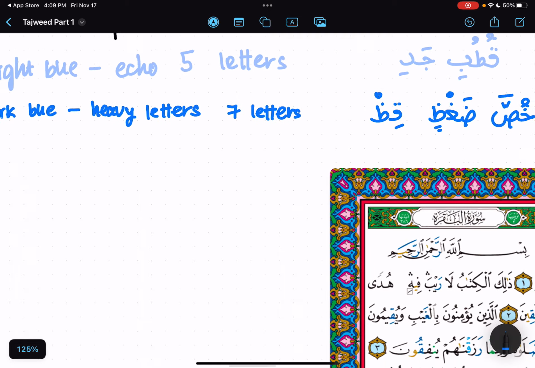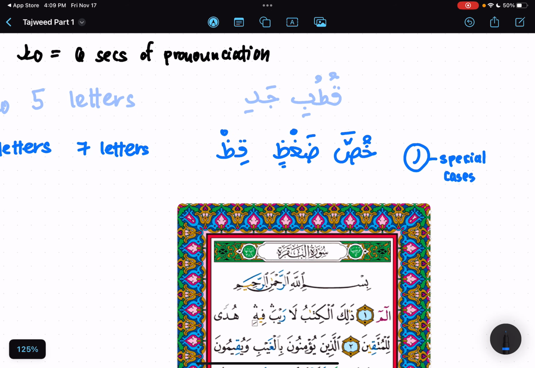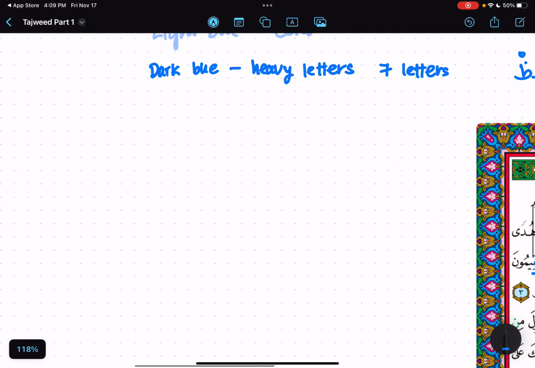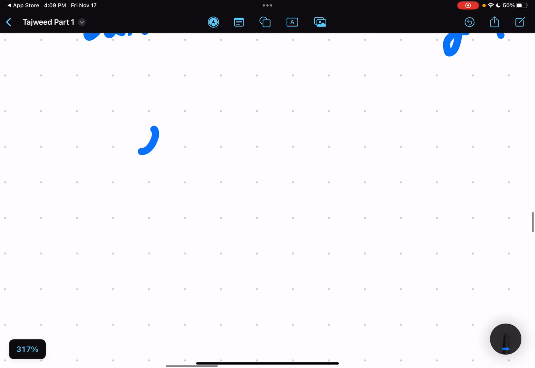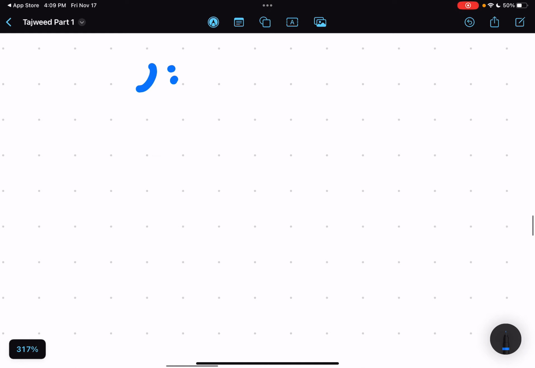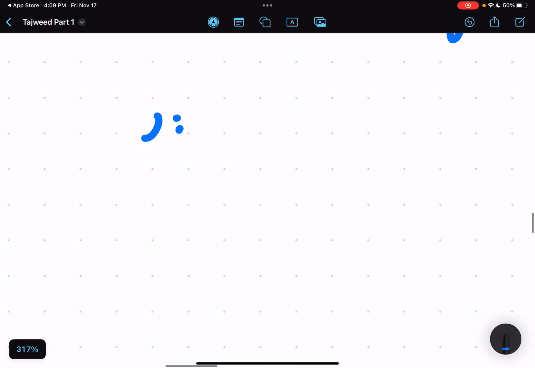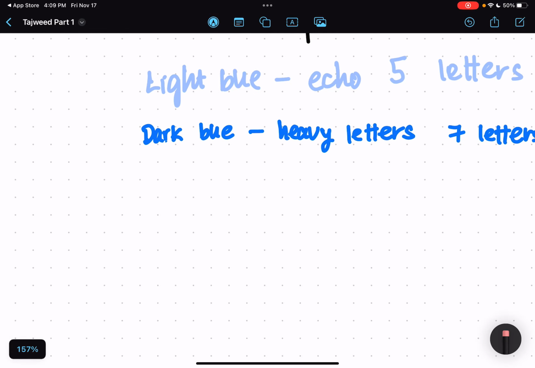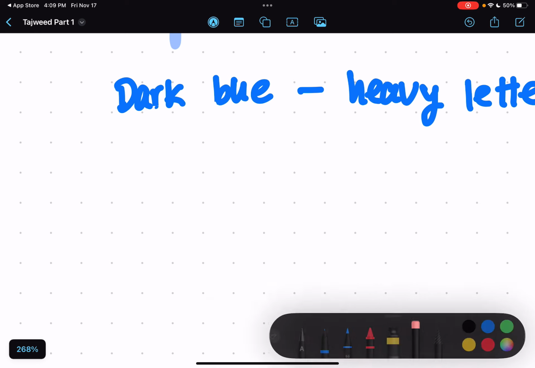Those are just 7 letters plus the ra. But for now, I'm just going through the colors.